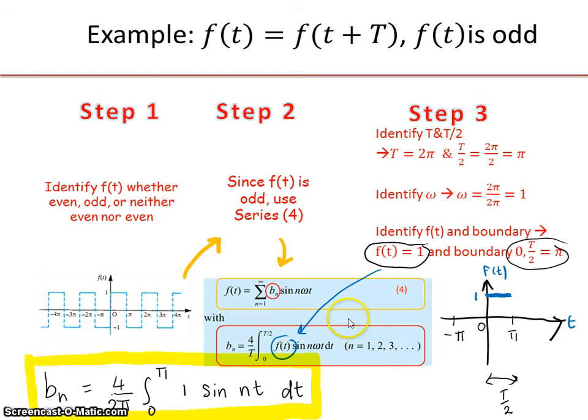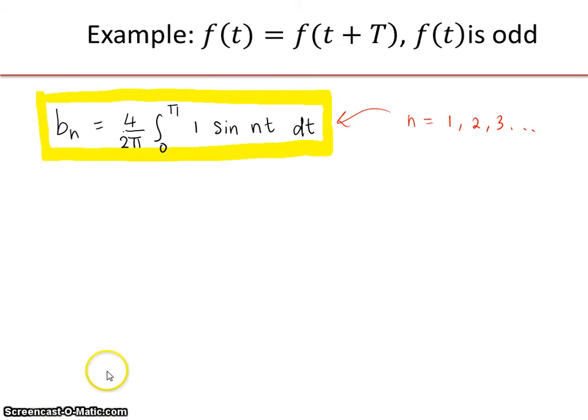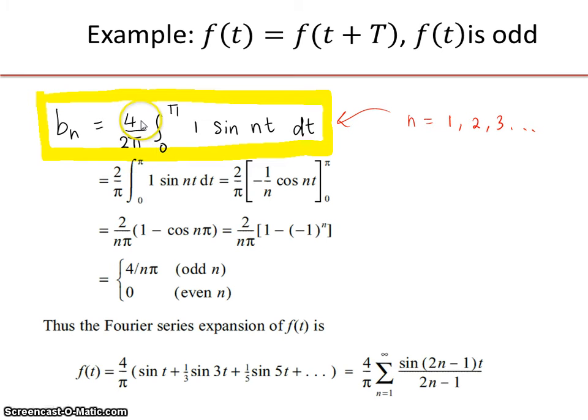After that, we can now plug in all the values of T, T over 2, and omega into this equation, and we will get it like this. Then of course, what we need to do is to integrate the equation here so that we can get the value of Bn accordingly.